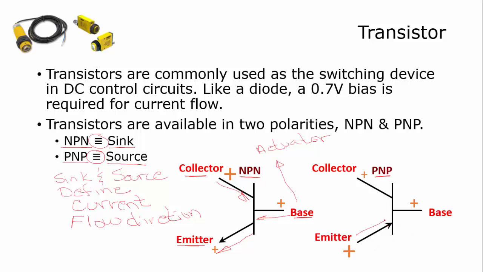Current's flowing into the emitter, it's flowing out of the base, and it's flowing out of the collector. So it's a matter of current flow. And there's two different polarities, NPN, PNP. And again, NPN, another word for it is sink. And PNP, another word for it is source.